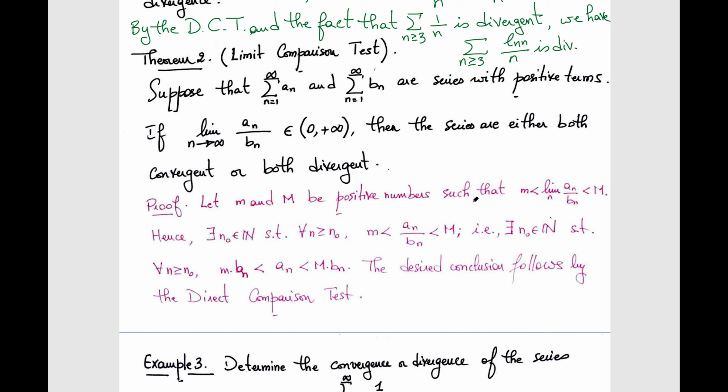Let's call the lower one little m and the upper one the capital M. Hence, let me just show to you on a picture before I continue reading that. So let's give this guy a name. How about we call this guy L?